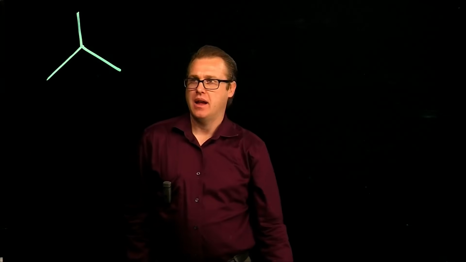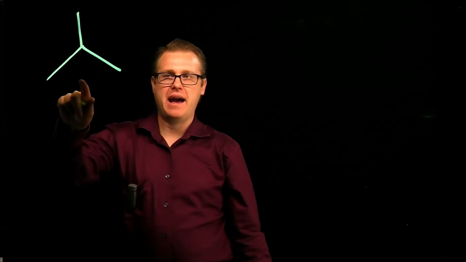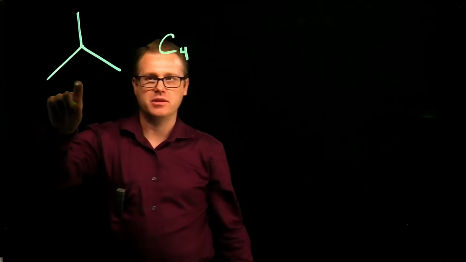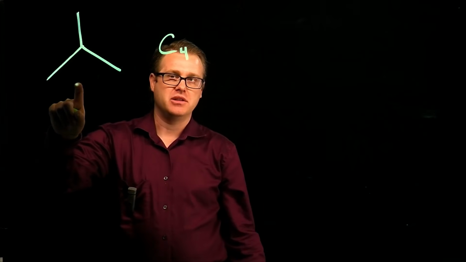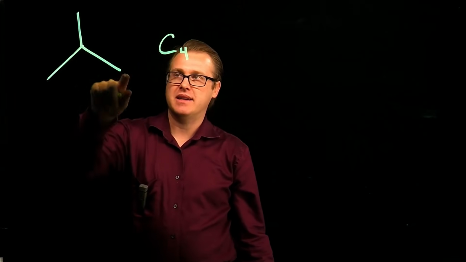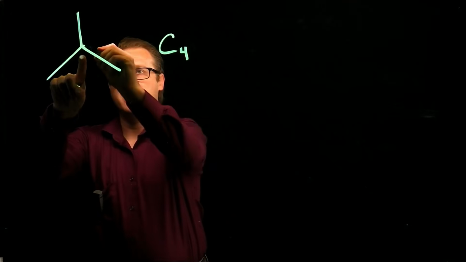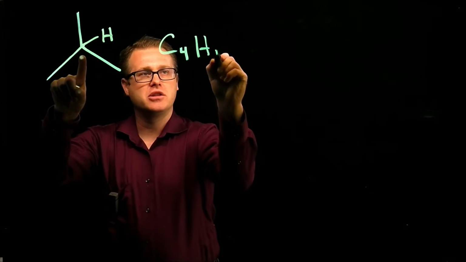So before we start looking at the charges, what if I drew a molecule that looked like that? How many carbons would you say you have here? Hopefully you're all saying that there are 4 carbons. How many hydrogens? 3, 6, 9, and 1 coming off here. So H10.